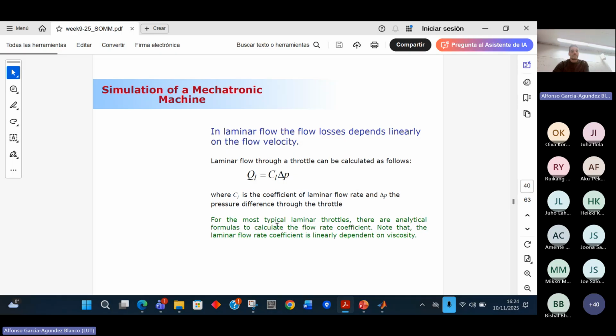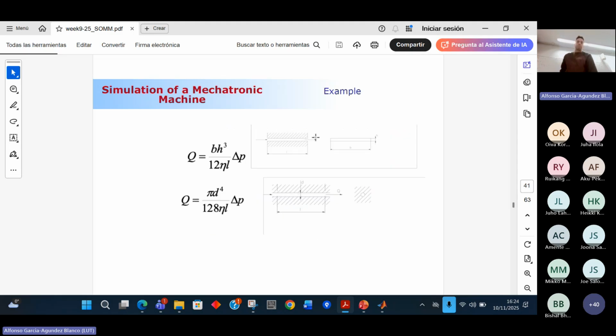As mentioned here, for the most typical laminar throttles, there are analytical formulas to compute this CL, okay? I will show you now the different geometries. So, for example, in the case of a channel with rectangular section, as you can see here, this would be the expression of the CL. Remember, always the same structure: Q equal to CL times delta P. So this would be the CL.